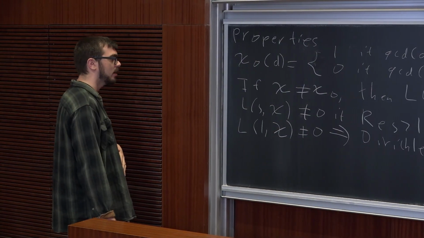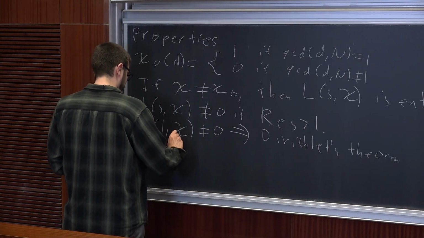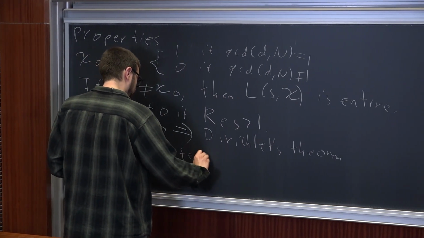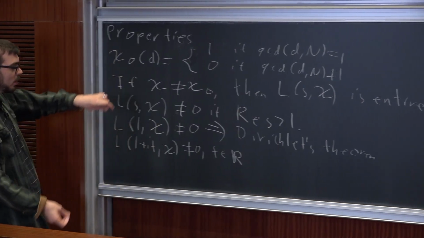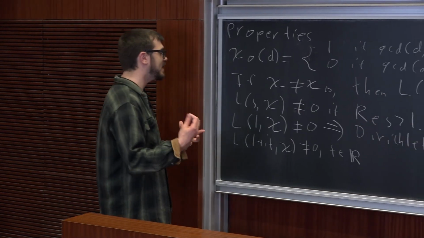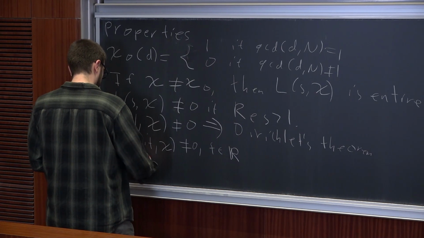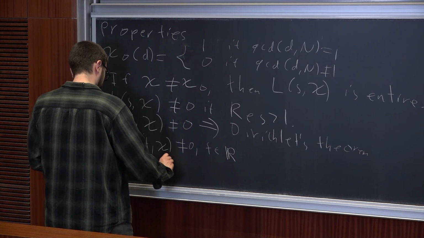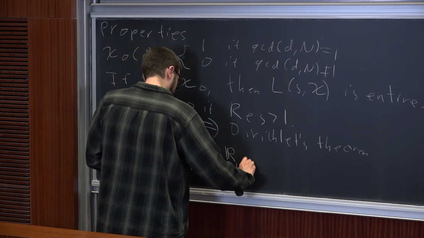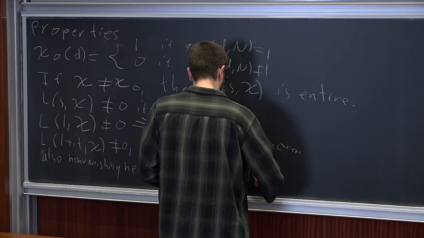And then you can furthermore show that L of 1 plus it, chi is not 0 for t in R. So there's a vertical line in the complex plane where it doesn't vanish. And then using a neighborhood, also non-vanishing near that line. And that implies the prime number theorem in arithmetic progressions.